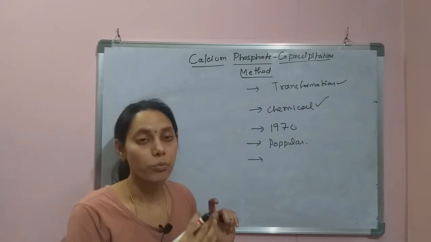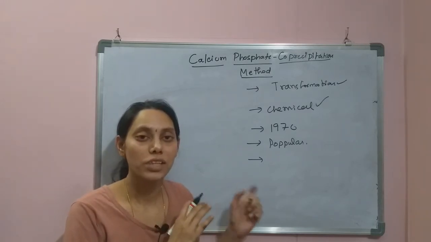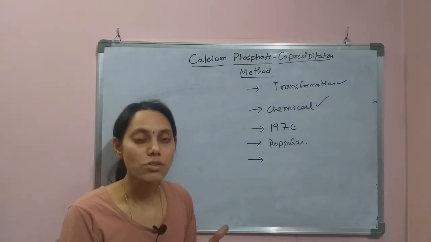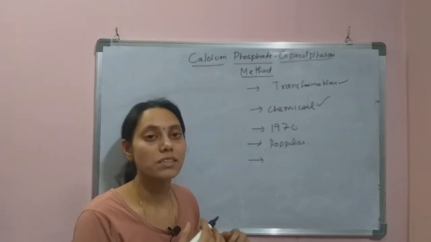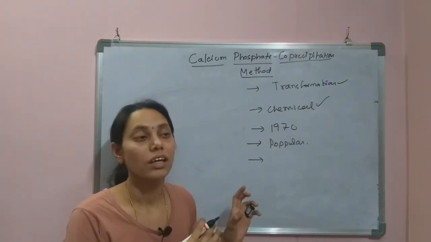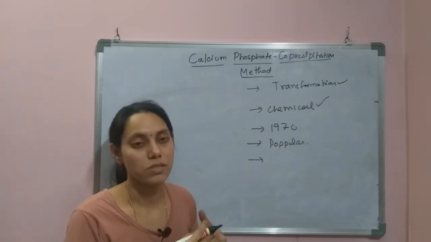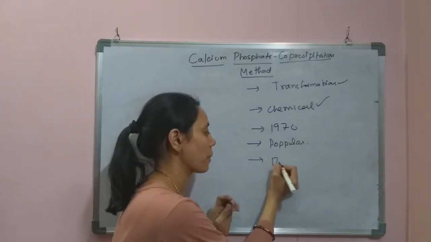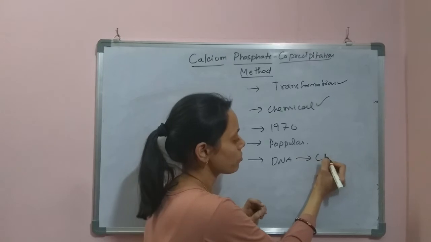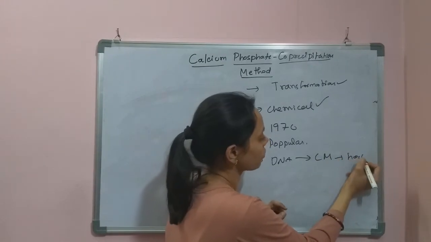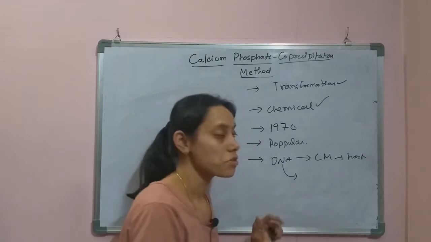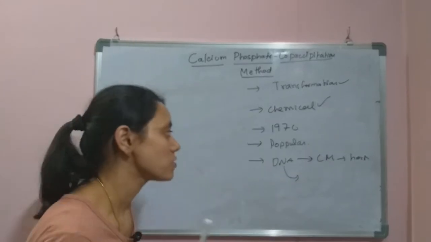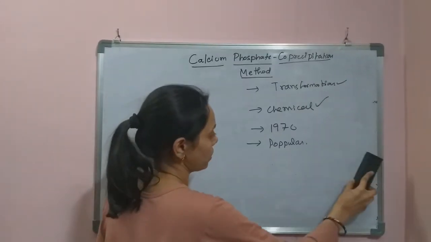This calcium phosphate will provide the attachment of the DNA with the cytoplasm of the host organism. So it increases the DNA entry into the host cell. It facilitates the DNA to be attached with the cell membranes of the host organism, followed by which it increases the chance of inserting the DNA inside it. So that is the principle of the calcium phosphate co-precipitation method.